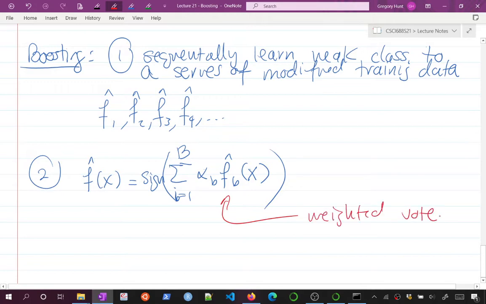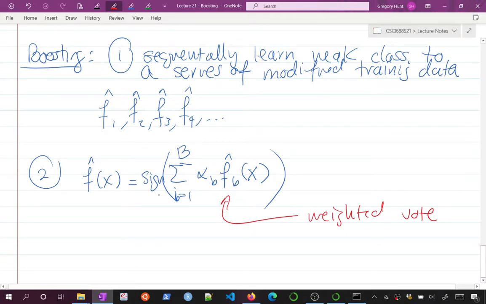Notice that when I write this in a -1, 1 parameterization, I can, of course, write my classifier as the sign of something. A weighted vote is basically the sum of ones and negative ones. If I sum up a bunch of ones and negative ones, I'm either going to end up with a negative number if I have more negative ones, or a positive number if more positive ones. And if I take the sign, that will tell me the relative proportion.